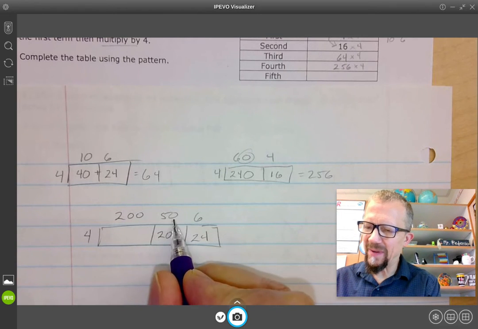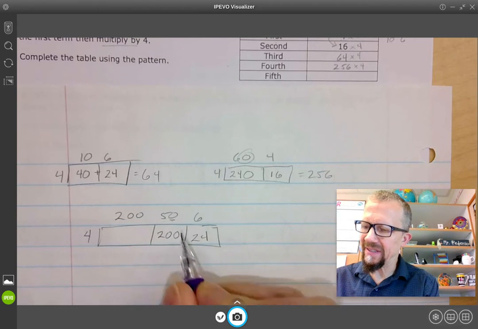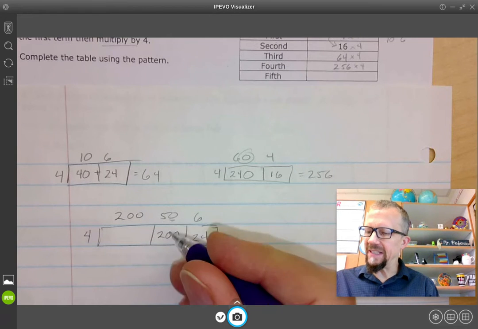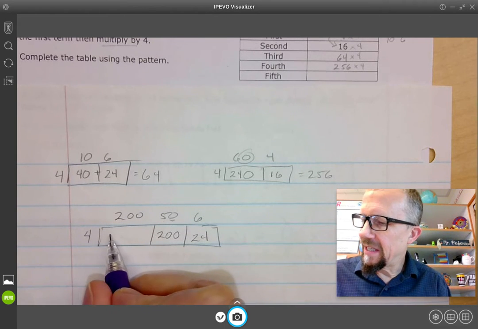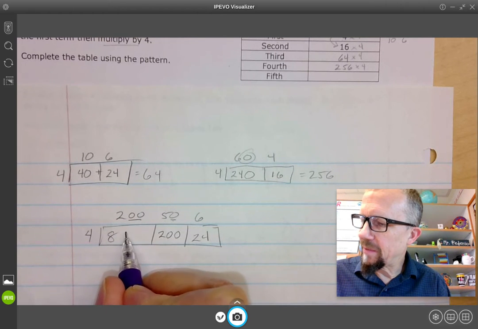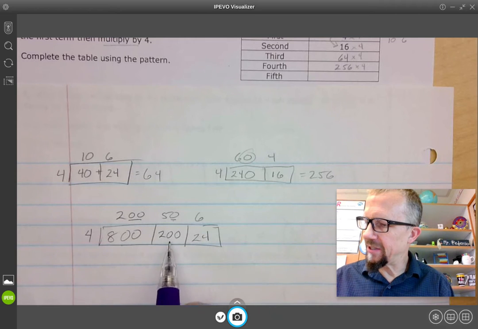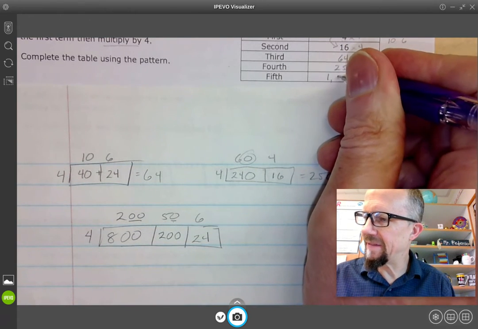And you notice the zeros match here, but the 4 times 5 got me the 20, and I haven't placed this extra 0. It wouldn't really make sense for 4 times 50 to be 20, because 20 is less than 50. Last, I've got 4 times 2 is 8, and I've got to place my 2 zeros, so 800. I know 800 and 200 is 1,000, so 1,024.